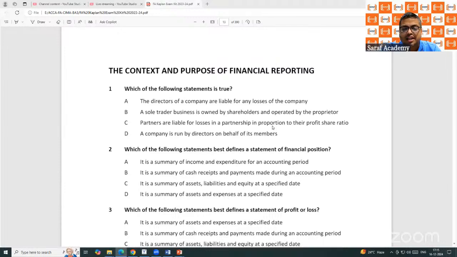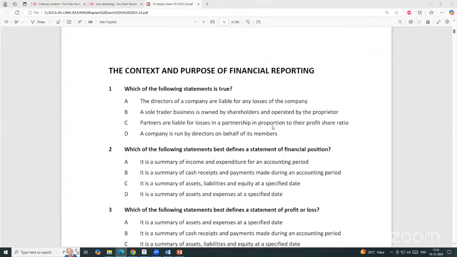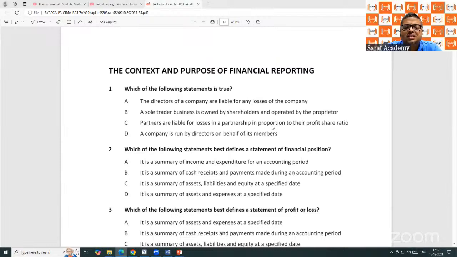Okay, sir? Then point number B, why it is wrong? Sole traders have 100% ownership of their business, so there are no shareholders. A sole trader business is owned by shareholders? In a sole trader business, there is no shareholder. It is only the sole trader, the sole proprietor.